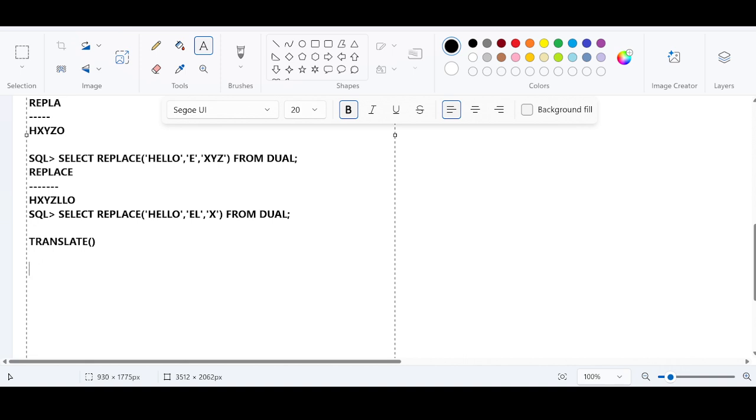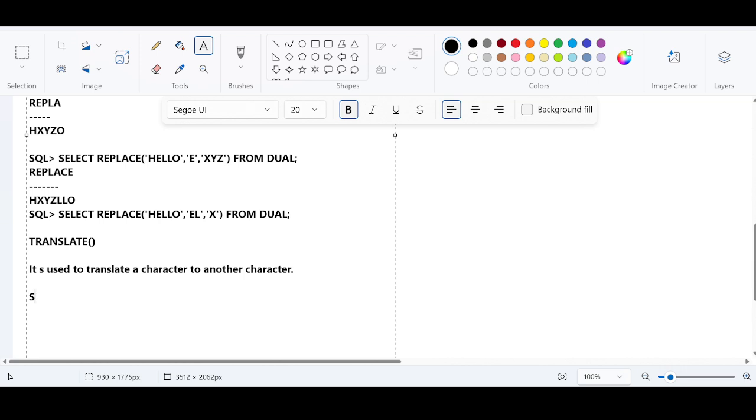I can say that it is used to translate a character to another character.